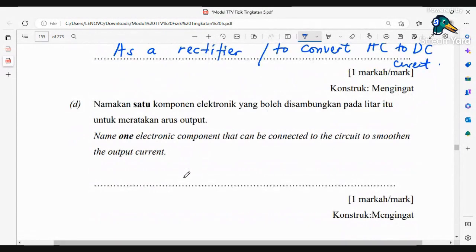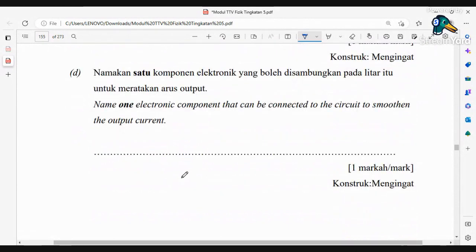Name one electronic component that can be connected to the circuit to smoothen the output current. So it's a capacitor. It will be charged and discharged. That's why it allows AC to flow through it. So we call it a capacitor to smoothen the output current.